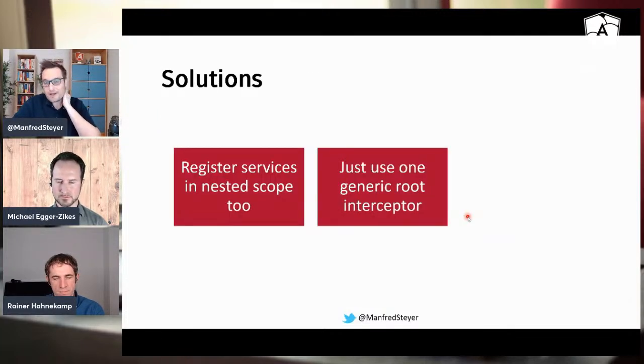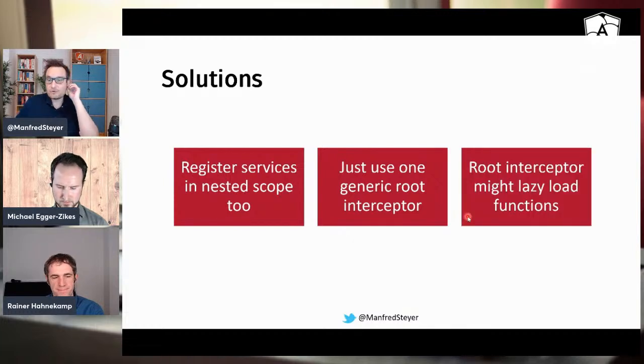Another solution might be to just go with one generic root interceptor. Just one interceptor out there. If it is very generic, it can do different things for different URLs. And we could even parameterize it by lazy loading little tiny helper functions from our lazy modules. But still, here we would have one root interceptor and only one root interceptor.